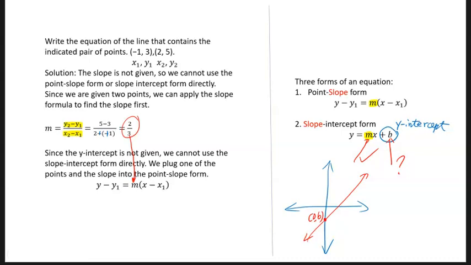If I pick -1 for x and 3 for y and plug them in, it will work. And if you want to pick 2 for x1 and 5 for y1, it will also work. Although they look different, after you turn them into slope-intercept form, they should look the same. So this will be the answer.